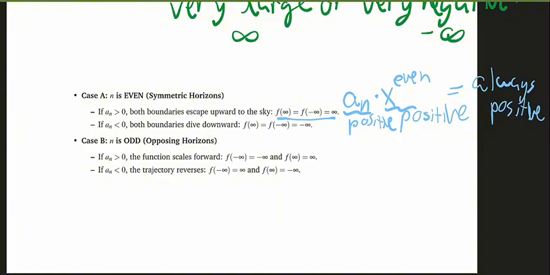What about the bottom one, when a sub n is negative and the dominant, highest power is even? Then for this case, I have a sub n times x to the even. Now the x to the even is always going to be positive, and this thing is going to be negative. Negative times positive is always going to be negative. Let me separate these out. Sorry for the crammed handwriting.